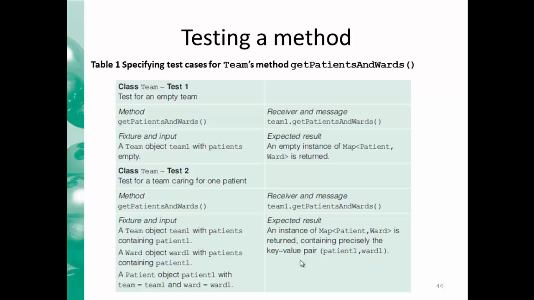What are we testing? We are testing for an empty team, and this is boundary testing. We give the name of the method, getPatientAndWards. We give the receiver and message, how the message will look: we will use the team1 object, and the call will be team1.getPatientAndWards.